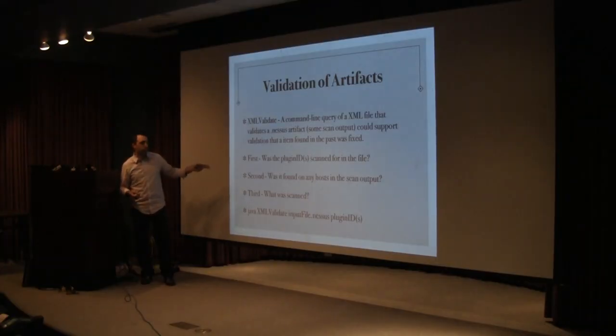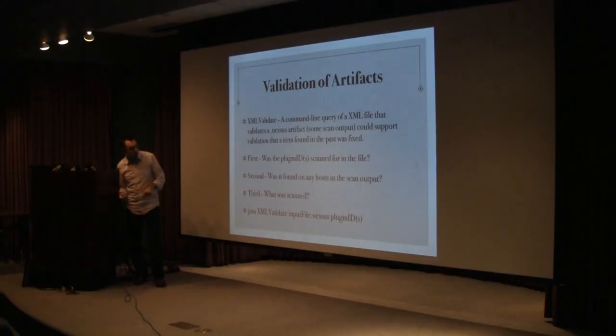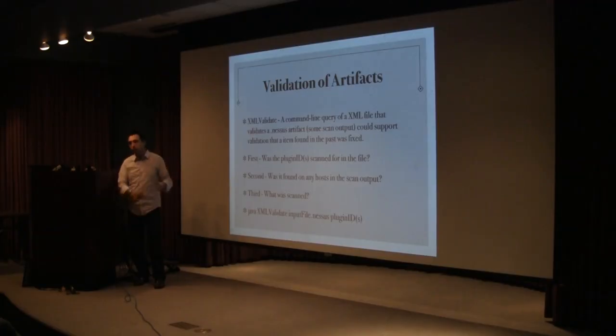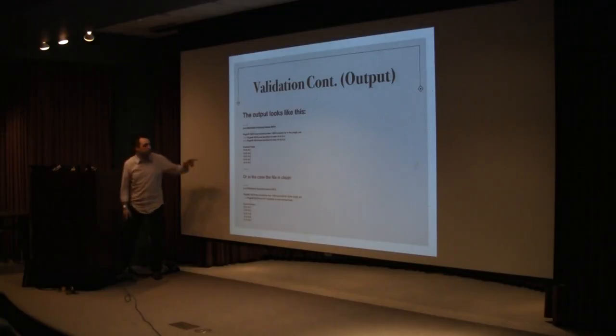The second thing was, was it found on any of the hosts that they scanned? And then, which hosts did they scan, to see if they scanned the one that they said they fixed? So what this validation tool will do is you can run a single command, throw an input file at it, throw as many plugin IDs as you want to validate at it, and what you get is some output that looks like this.